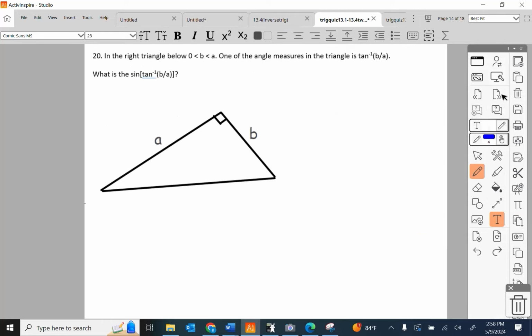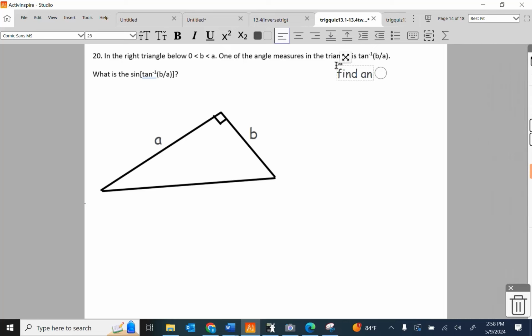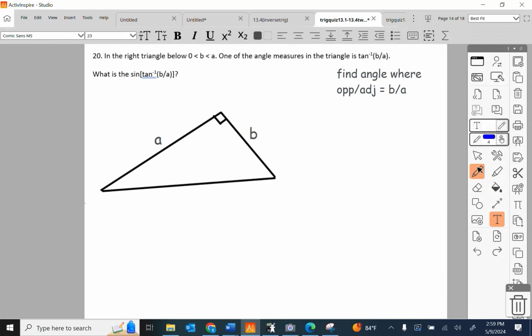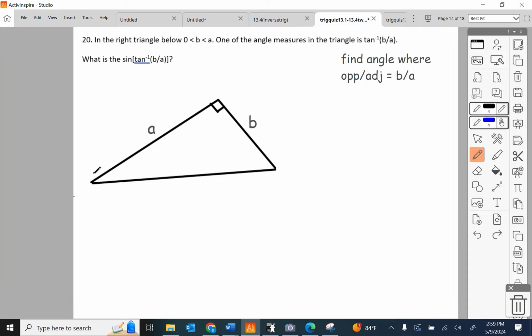In the right triangle shown below, 0 is less than B is less than A, and one of the angle measures in the triangle is the arctangent of B over A. And what this is doing is asking you to find the angle where opposite over adjacent is equal to B over A. Now, if you're thinking like I'm thinking, that's going to be this guy right here.